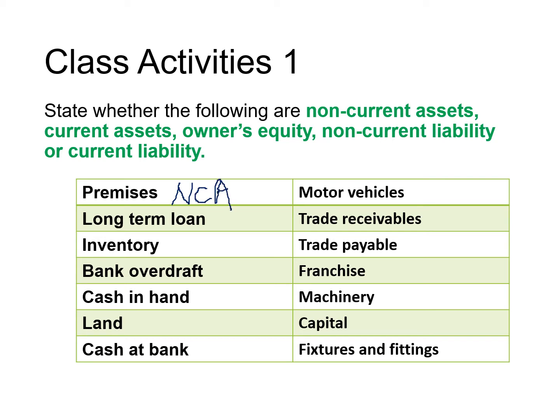Motor vehicles pun sama, the non-current assets. Untuk yang lain-lain ni, I nak you find out on your own what is the nature of these items. Kita akan discuss these things in our next meeting. Okay.